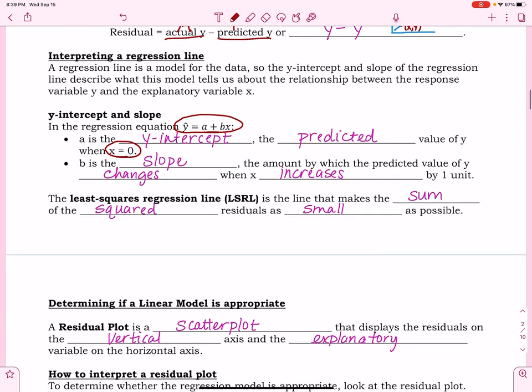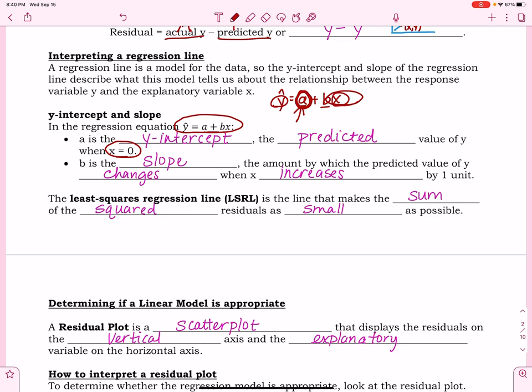So if you have a prediction equation that looks something like that, obviously we're going to have values for a and b, and then x and y are going to be whatever our variables are in context. And so when x is 0, that is an indicator of what this value is right here without x. So if we're talking about some kind of context, whatever x is, if it makes sense for x to be nothing and y to be something, then it will or will not make sense. We're going to talk about that in an example.